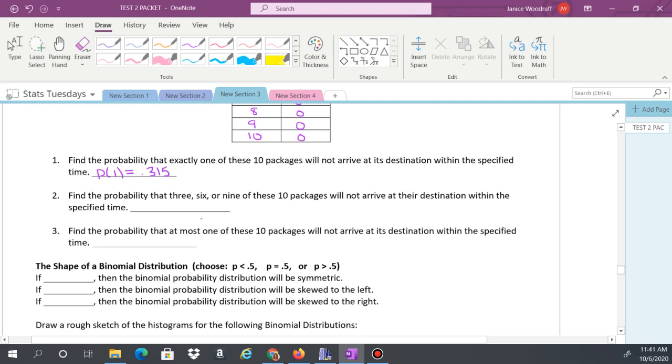Find the probability that 3, 6, or 9 of these 10 packages will not arrive. So it's OR probability, so we're adding. So it's just probability of 3 plus the probability of 6 plus the probability of 9.